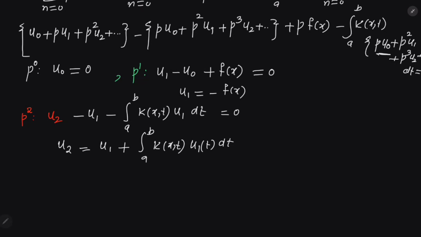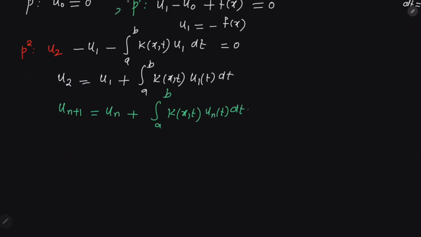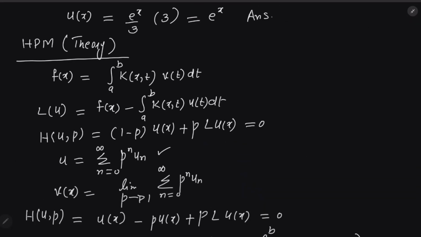So that's what we have in general. In general, I can write this as u_{n+1} = u_n + ∫ from a to b k(x,t) u_n(t) dt. So that will be the general formula. In general, we have u0 equal to 0, u1 equal to minus f(x).